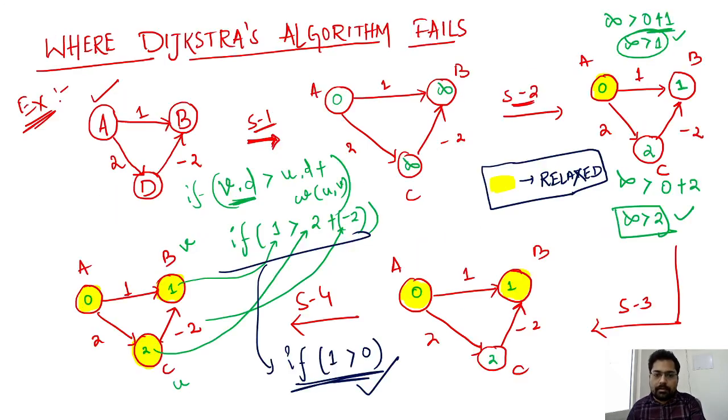Why? You can check. Instead of this one, the value could be something like 10. It is 10. Now for the timing, say it's 11.